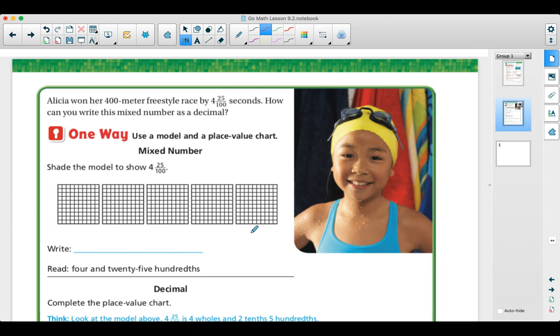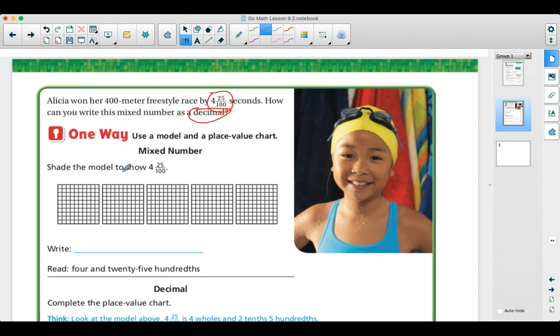502. Alicia won her 400-meter freestyle race by 4 and 25/100 seconds. How can you write this mixed number as a decimal? So we have a whole number here, and we have a fraction, but now we want to write it as a decimal.